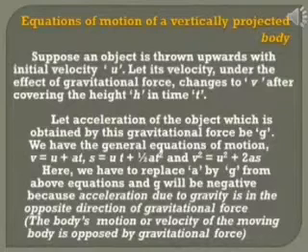Here we have to replace a by g in the above equations, and g will be negative because acceleration due to gravity is in the opposite direction of the body's motion. So it should be considered negative. That is, the velocity of the moving body is opposed by the gravitational force.